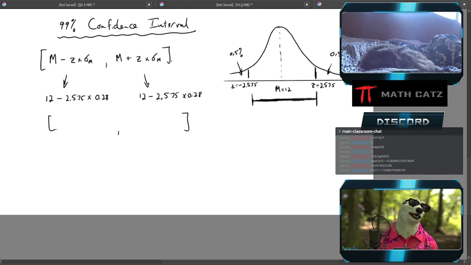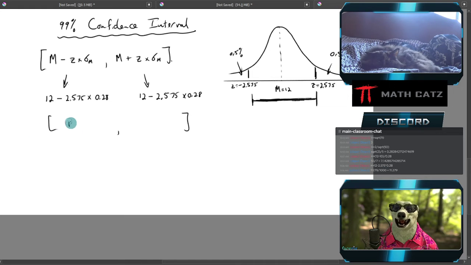As we continue and incorporate software more and more, we'll see that we can be more accurate with the aid of these tools. So let's do the left one: 12 minus 2.575 times 0.28.